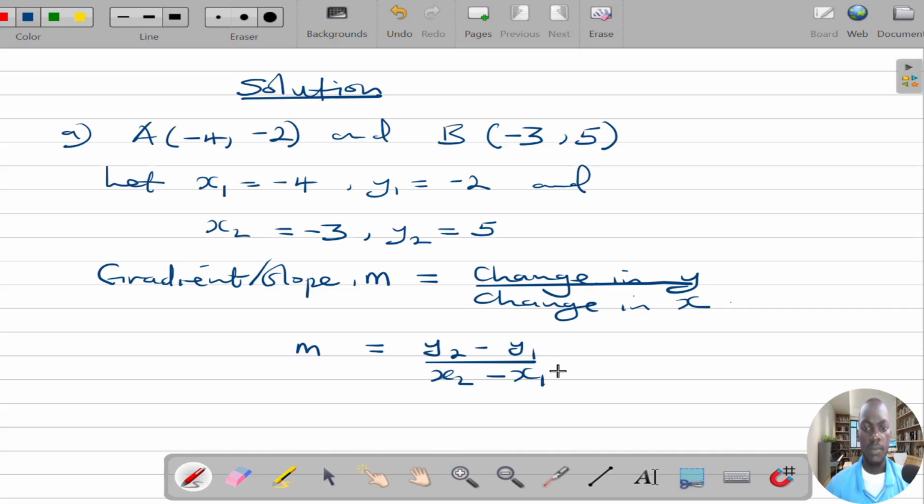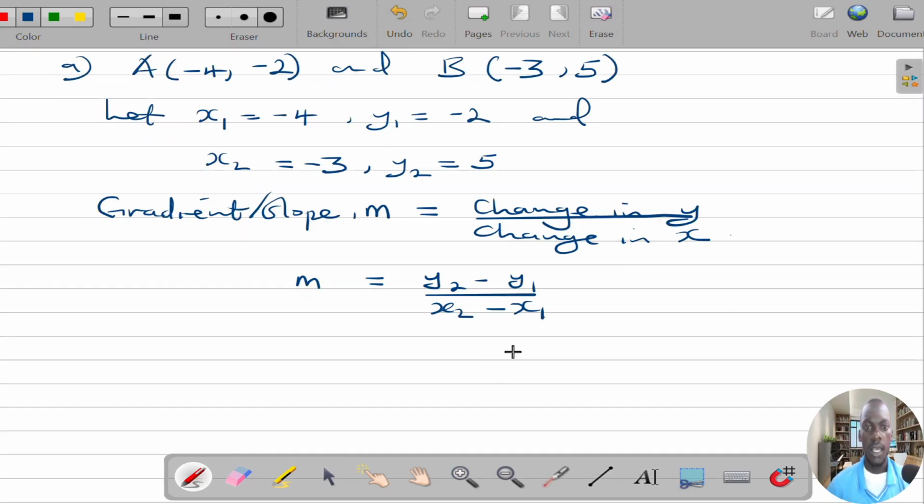Our next step is substitution. So m equals y2, which is 5, minus y1, which is -2, divided by x2, which is -3, minus x1, which is -4.